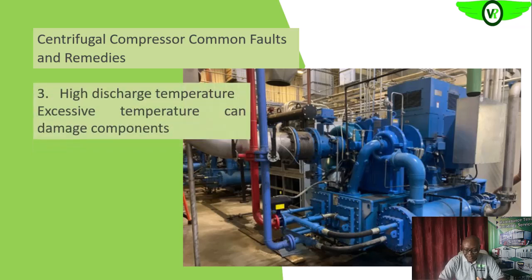So, high temperature at the discharge, that is high temperature here. We know that once the temperature is excessive, if it is too high, it will reduce the efficiency of the compressor unit, apart from the fact that it can destroy other equipment downstream.